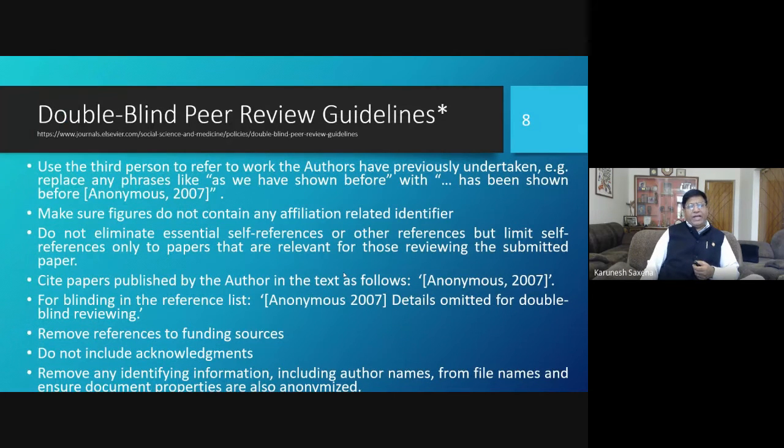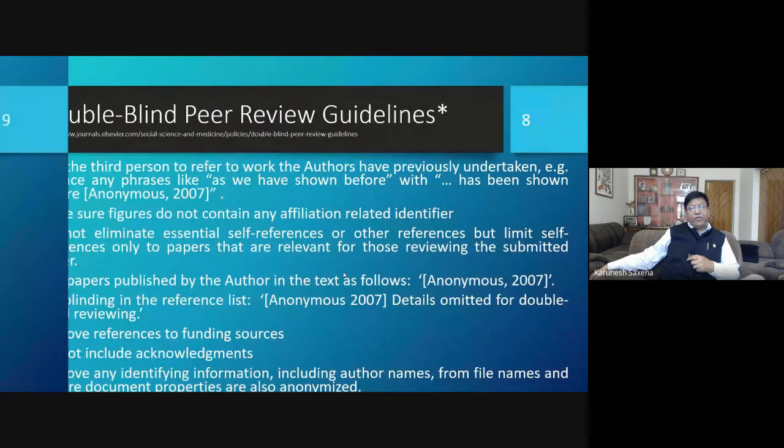Double-blind peer review guidelines are there, but we can skip them. Basically, I want to tell you that before starting to write the paper, select the journal, read their instructions for authors, and then write your paper strictly according to those guidelines. So that is double-blind peer review. What does it mean?